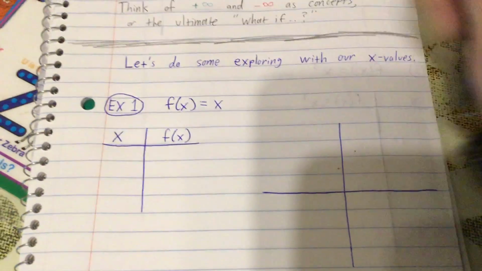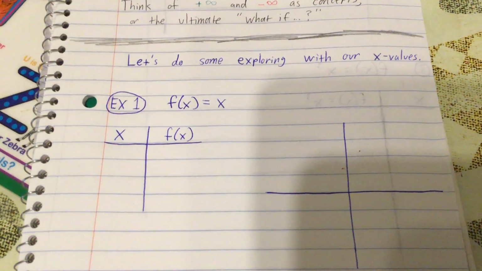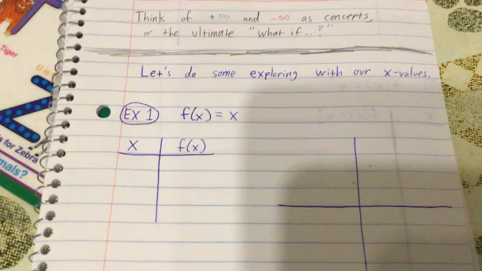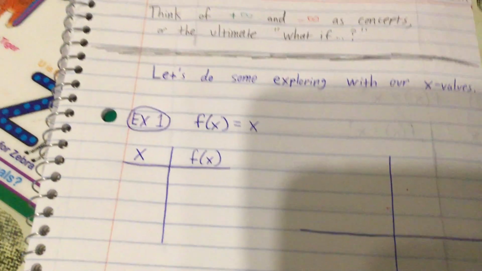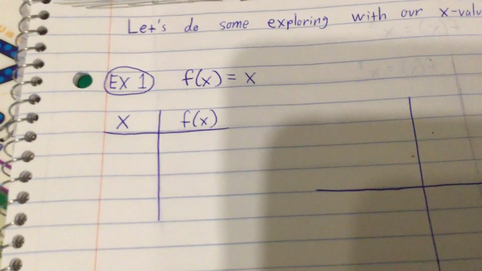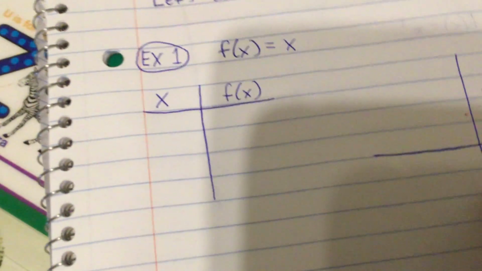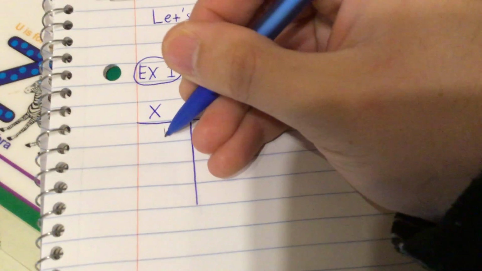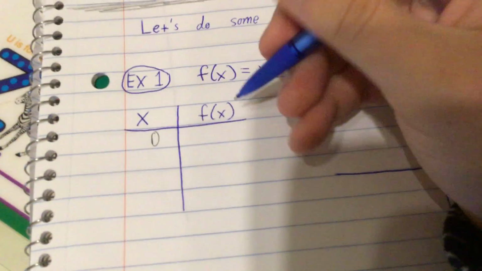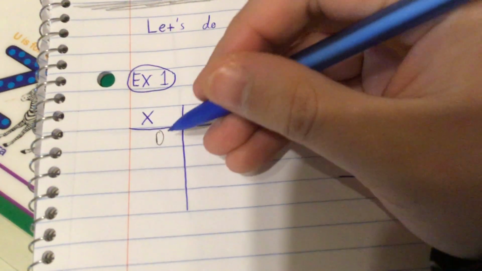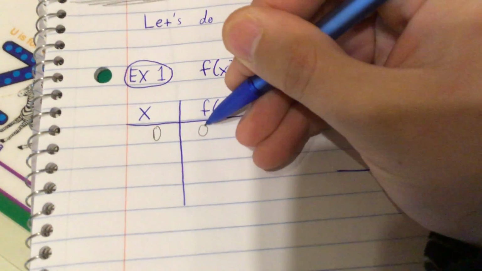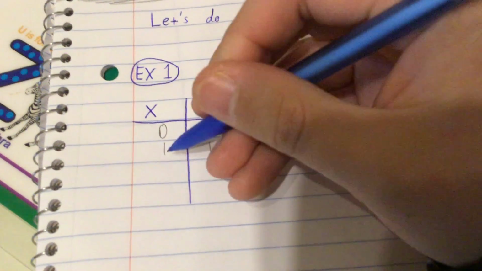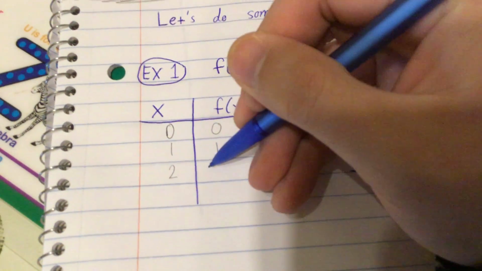So I just want to take a look at something like y equals x, the most basic linear equation. Let me get my pencil and my red pen. Okay, so this is pretty straightforward. Let's start with x equals 0. Well, y equals x, so when x is 0, y is 0. When x is 1, y is 1. When x is 2, y is 2.